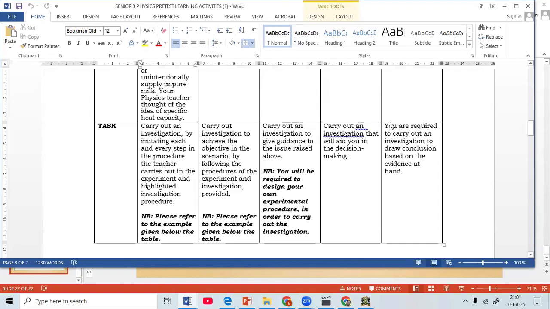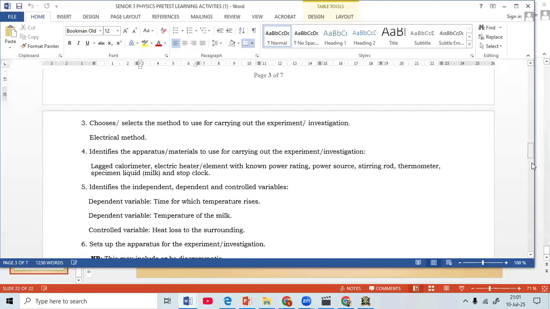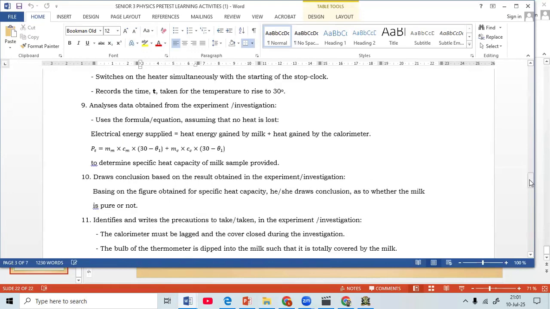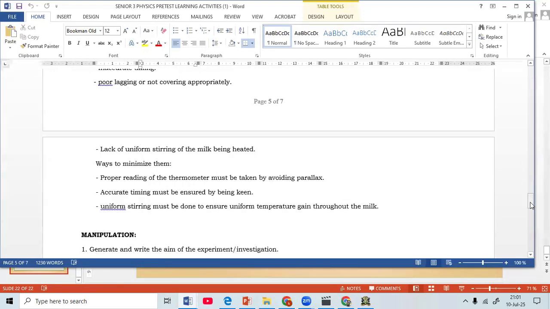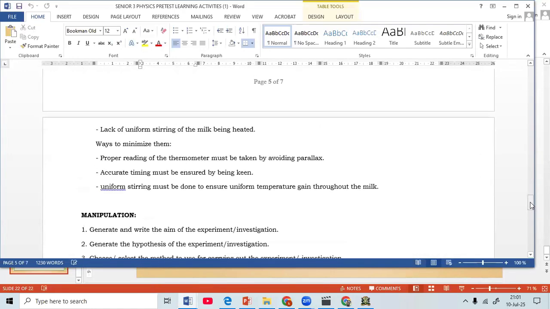At the information level, the child generates and writes the aim of the experiment, can generate a hypothesis, can carry out that investigation, and can identify the apparatus. So for whatever level this child is moving to, things keep on differing. The demand keeps on changing from one level to another. With manipulation, that means he can generate and write the aim on their own. So you look at the different demands that they require this child to meet.